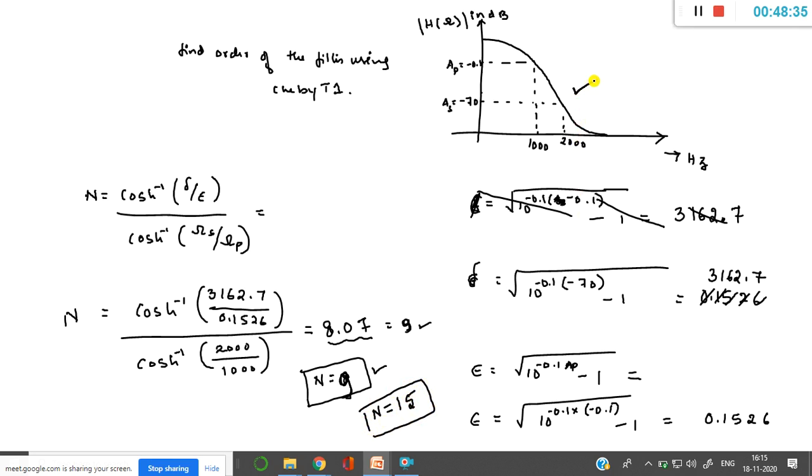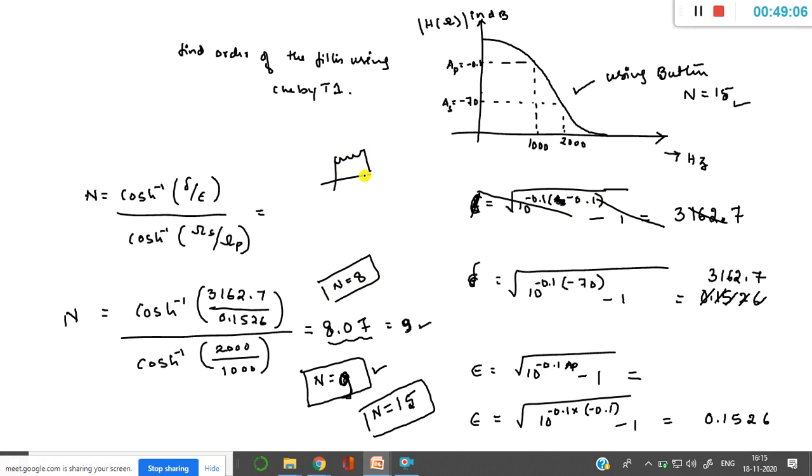It was 15, right? For the same specification using Butterworth, we got n to be 15. See here, almost 50% reduction in the order of the filter. If I consider n equal to 8, this is approximately 50% reduction.